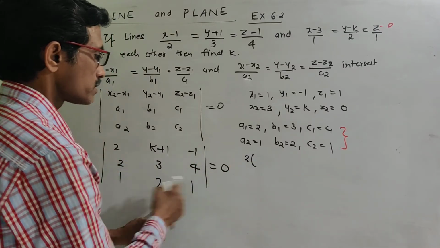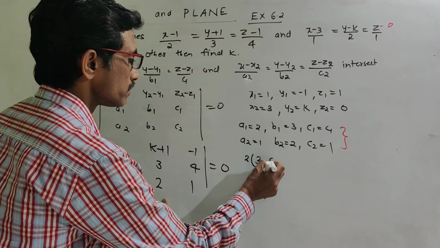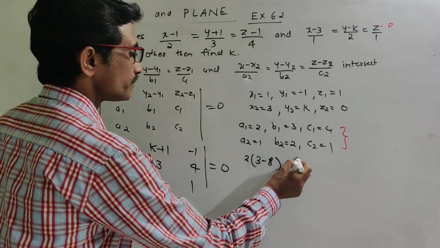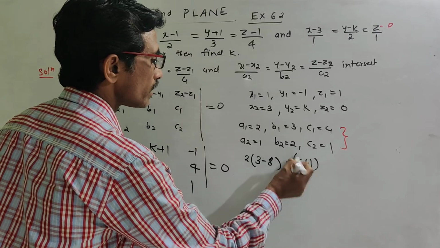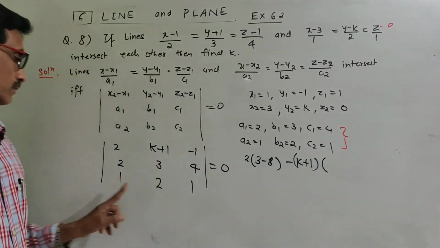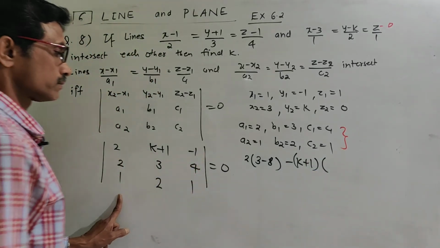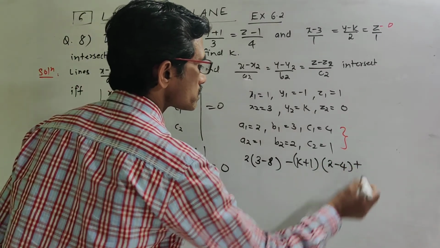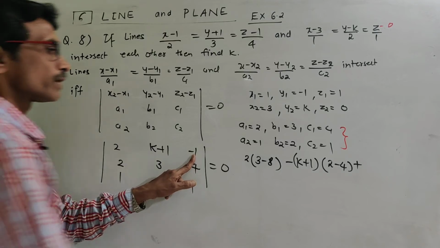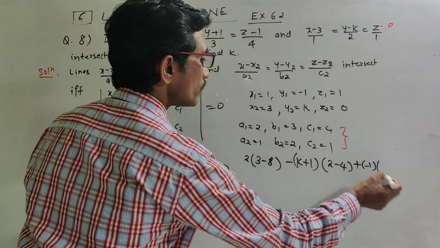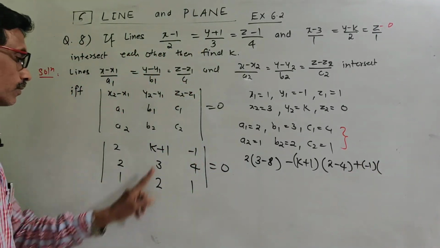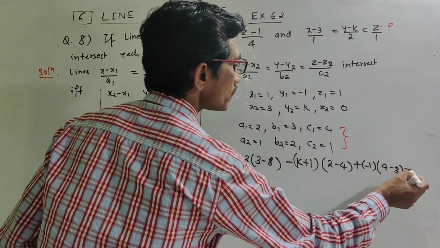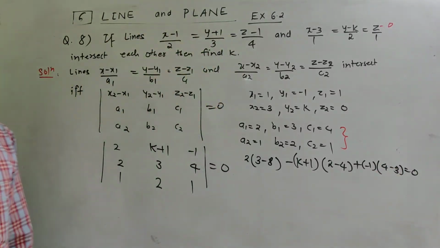So it is 3 minus 8, minus of k plus 1 into 2 minus 4, plus minus 1 into 4 minus 3, that is equal to 0.